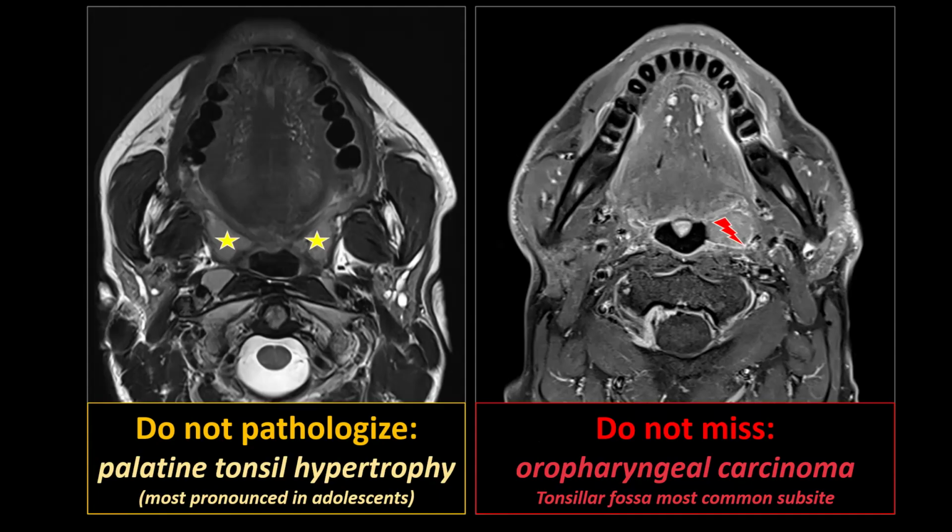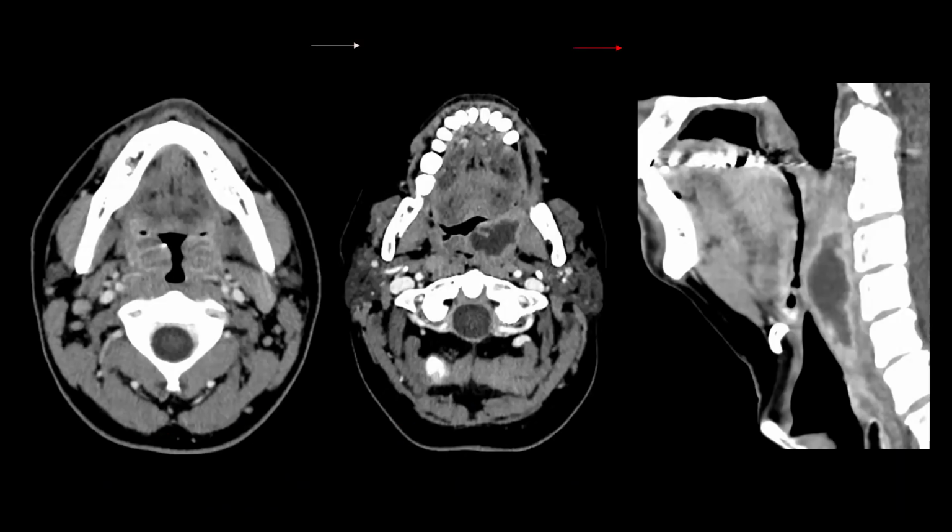And in that case, the tumor or the abnormality will be asymmetrical. And keep in mind that the tonsillar fossa is the most common subsite for oropharyngeal carcinomas. So just like the Rosenmüller fossa in the nasopharynx is the predilection site for nasopharyngeal carcinomas, the tonsillar fossa is the most frequent site for oropharyngeal carcinomas.